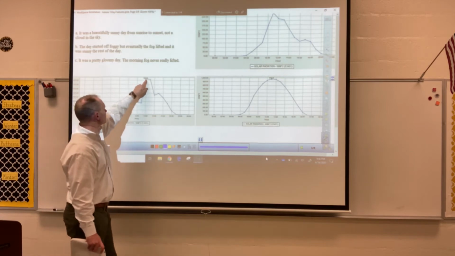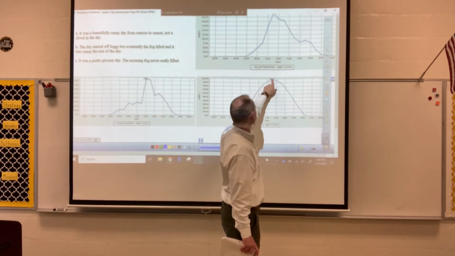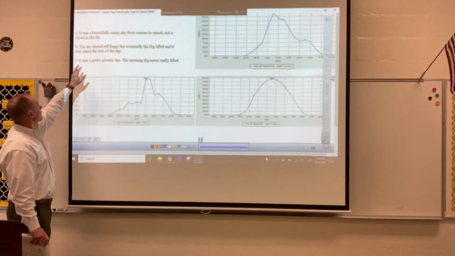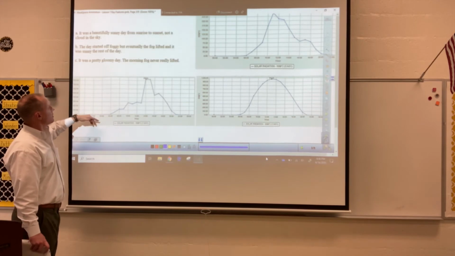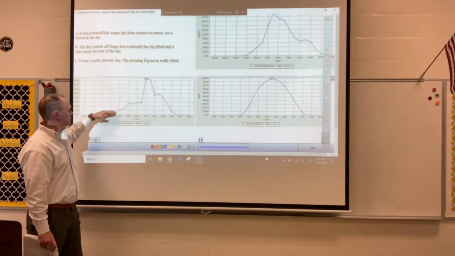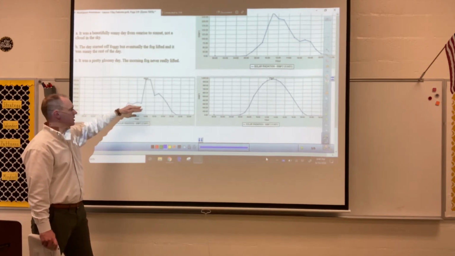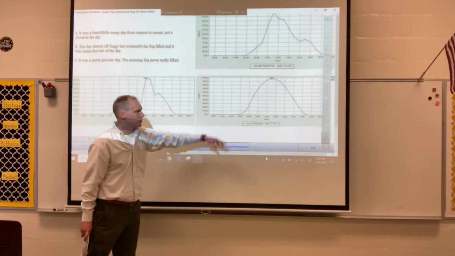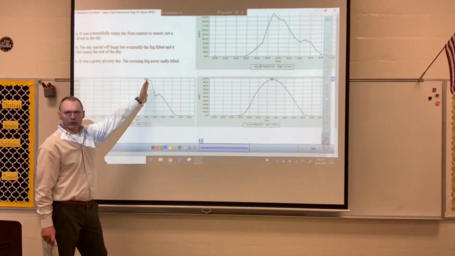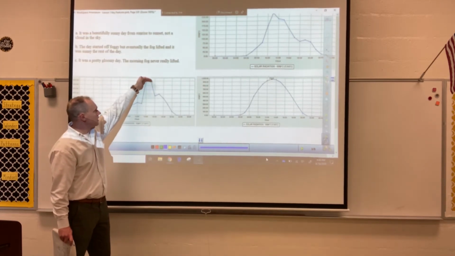The maximum here is around 830, maximum here is around 800 or 973, it looks like. So the day started off foggy, but eventually the fog lifted and the rest of the day was sunny. So that's kind of what's happening here: we start out, it's kind of increasing just a little bit over time, but not nearly as much as this one over here. And then all of a sudden there's a sharp increase. Again, one of our keywords for today is increase, and then it kind of levels off.